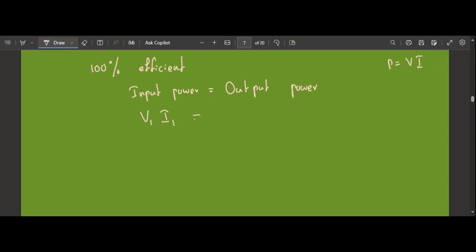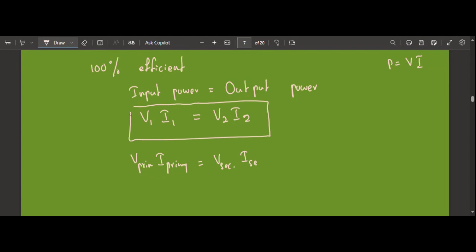In other words, we can write V primary times current primary equals V secondary times current secondary. So either memorize V1 I1 equals V2 I2, or with primaries and secondaries. This equation is mentioned here.